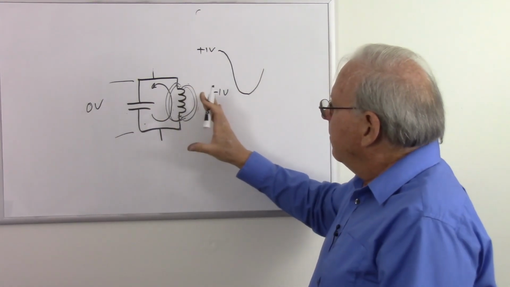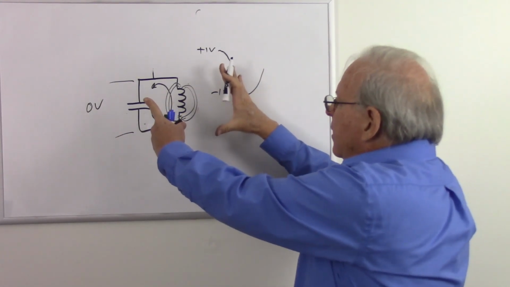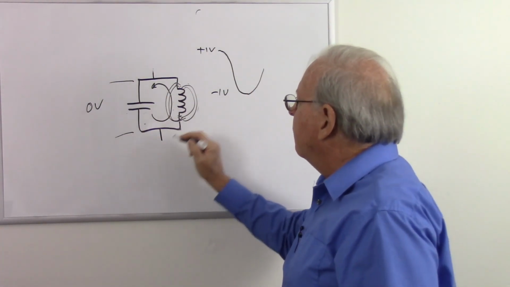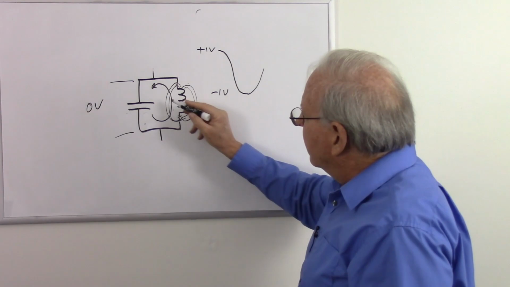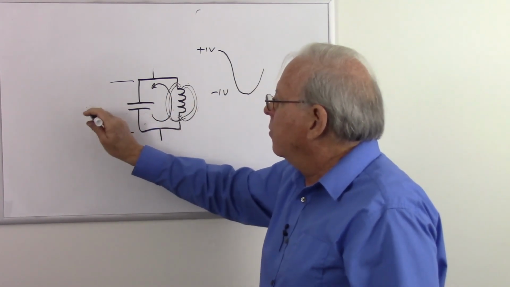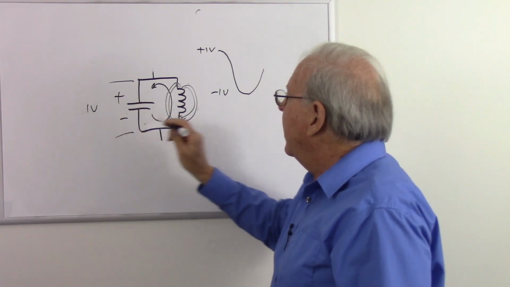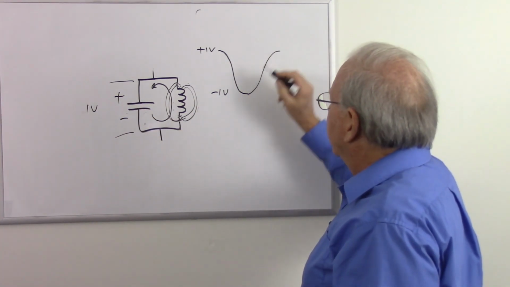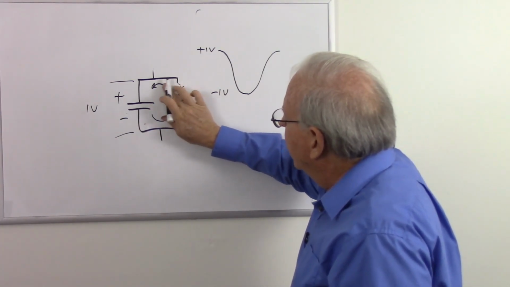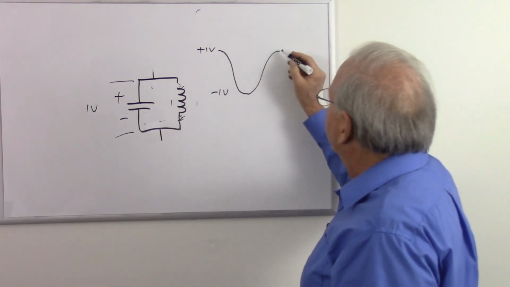There we are there. But now we have the maximum magnetic field again. That magnetic field is going to collapse, continuing to push the current around the circuit. And so that's going to charge the capacitor back up to 1 volt, positive to negative. And when it gets up there, the magnetic field will have completely collapsed and the current will have stopped. And now we're back here again.